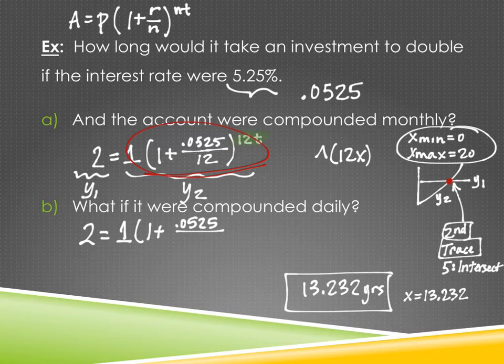The difference is that it's compounded daily. And daily means how many times in a year? Yeah, 365. So as you're entering this in the calculator, mine will have a caret, but it will be 365t. So you're just changing the 12s in your calculator, where the equation is, to be 365.